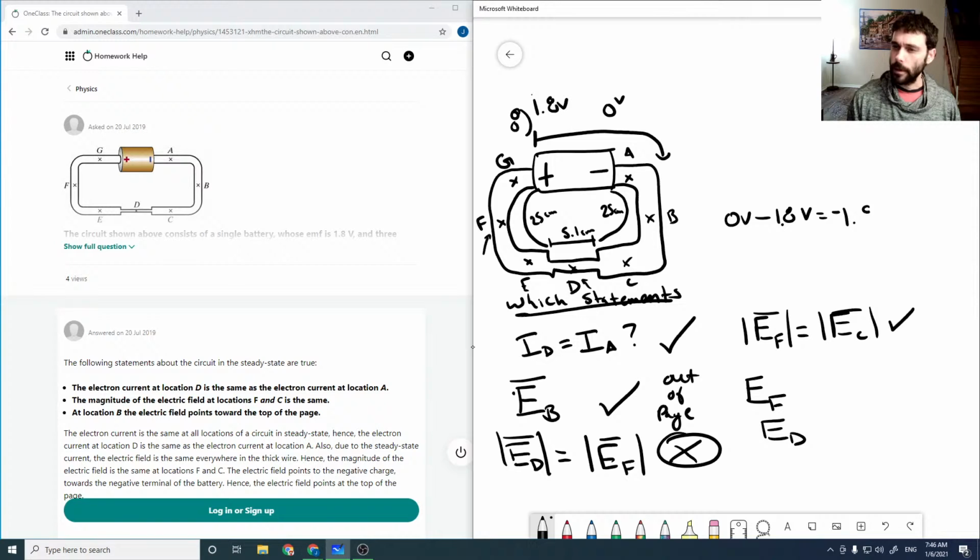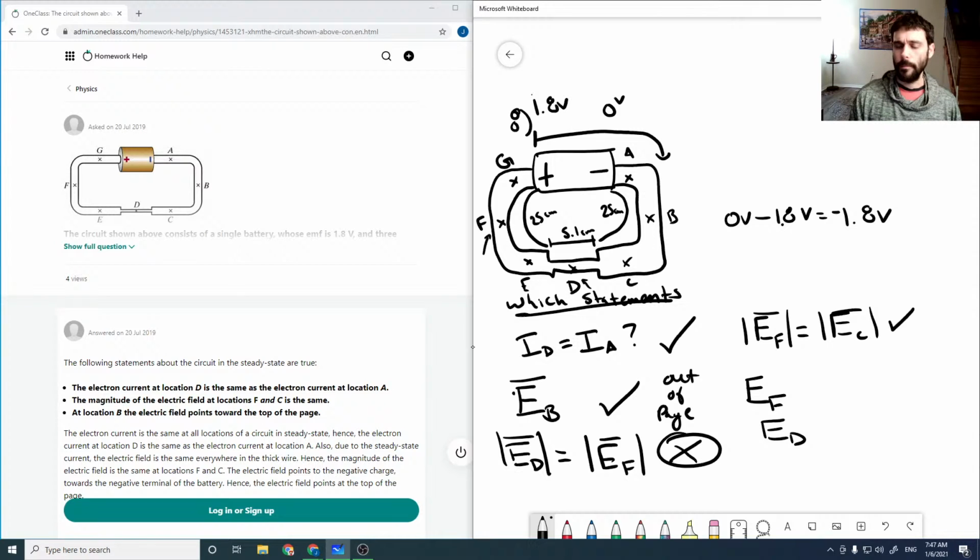Which is negative 1.8 volts. And then we're going to have negative voltage drops the whole way around, or positive voltage drops the whole way around, to get it to equal out.